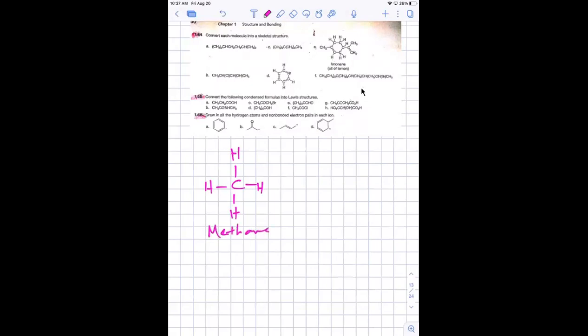So this is methane. You can also write this like this, right? This is what we call the Lewis form, where you write out all the bonds. And then this is what we call the condensed form.